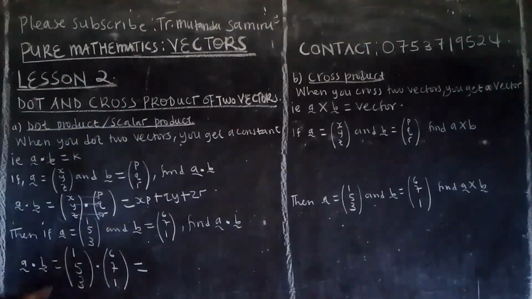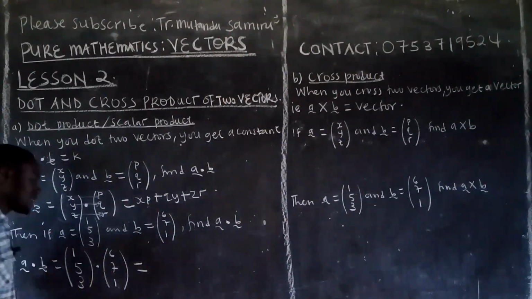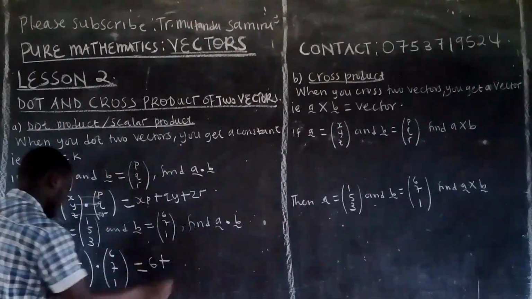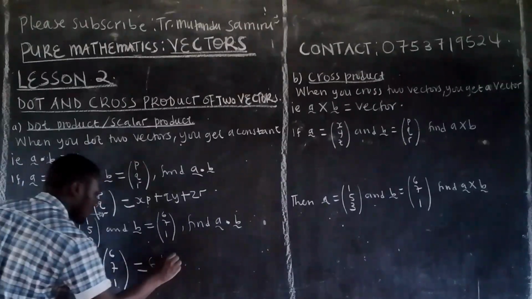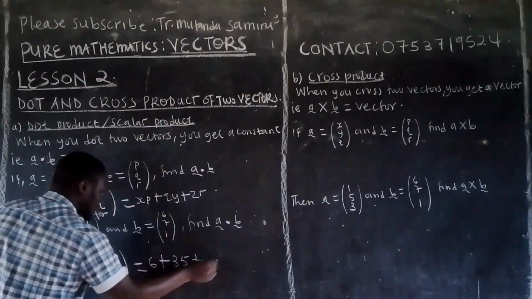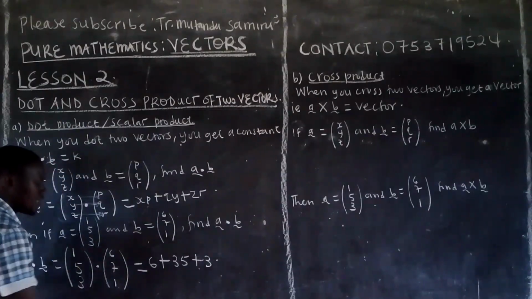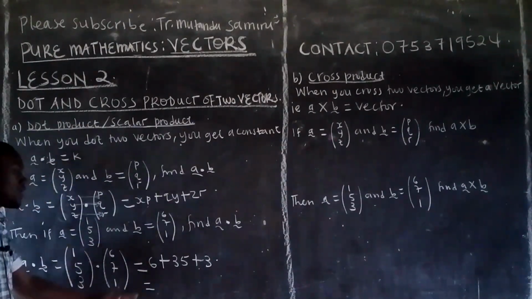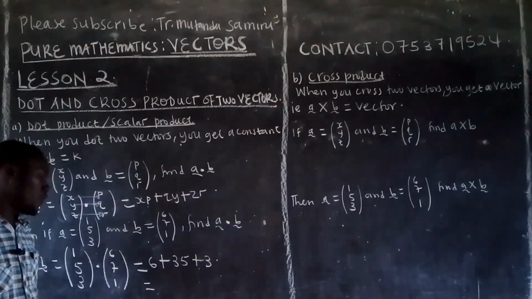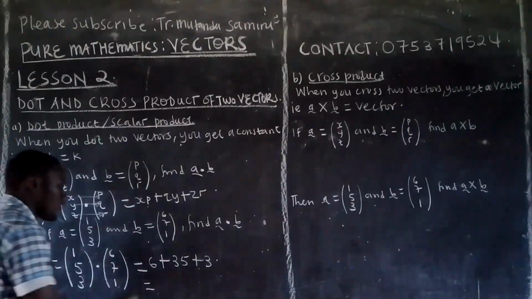We dot this times that plus this times that plus this times that. So 1 times 6 is 6, plus 5 times 7 is 35, plus 3 times 1 is 3. Then what will be our final answer when we add? 6 plus 35 will be 41, plus 3 will be 44.